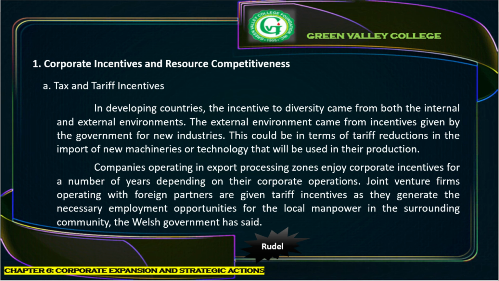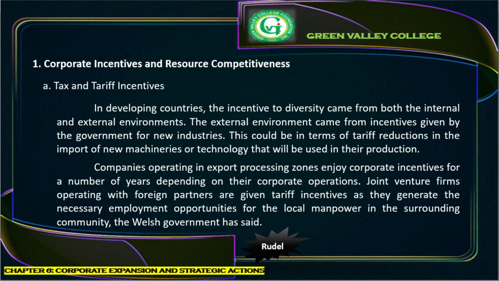Corporate incentives and resources competitiveness. Tax and tariff incentives in developing countries. The incentives to diversify came from both the internal and external environment. The external environment came from incentives given by the government for new industries.